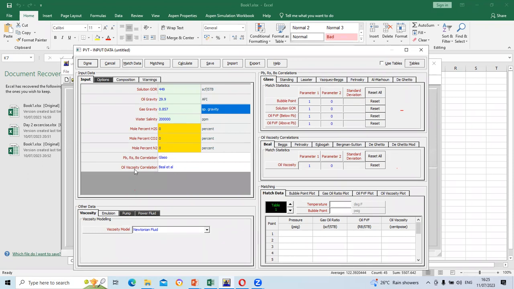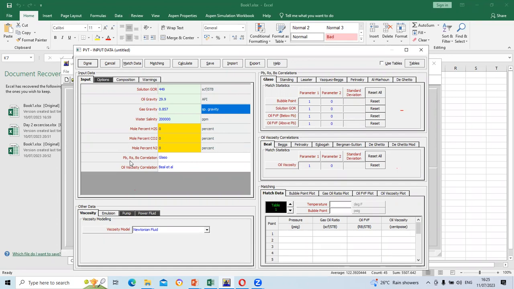All right. There are some other properties. Remember that generally PVT analysis is done in the lab, where fluid is collected. They take it to the lab, they analyze it to get the bubble point, the oil formation volume factor, the solution gas oil ratio, and all of that.